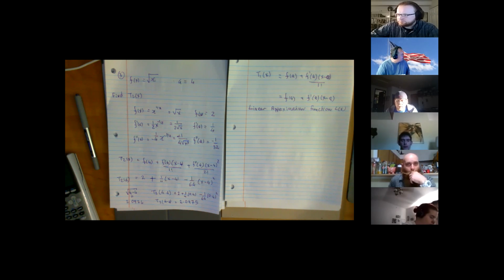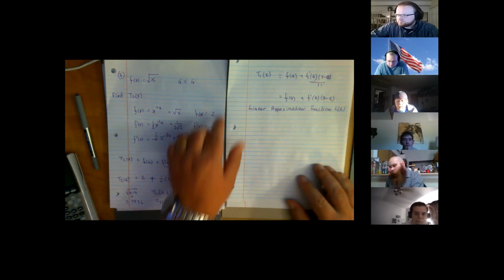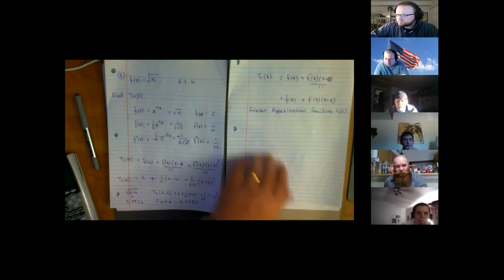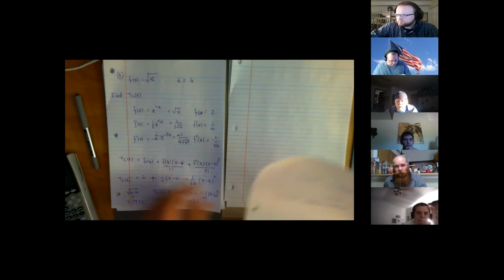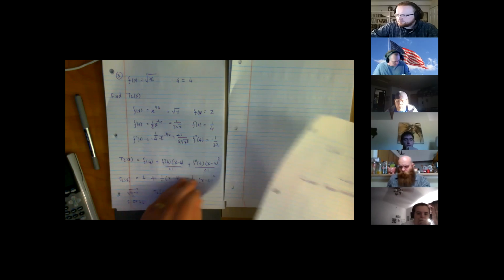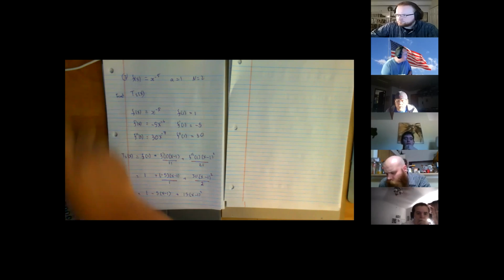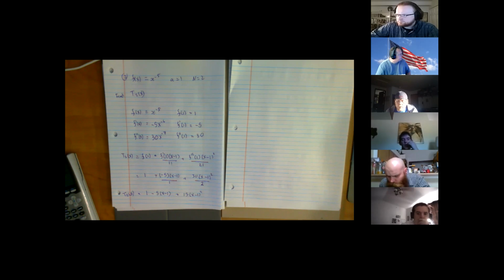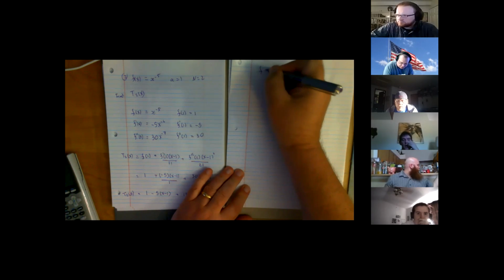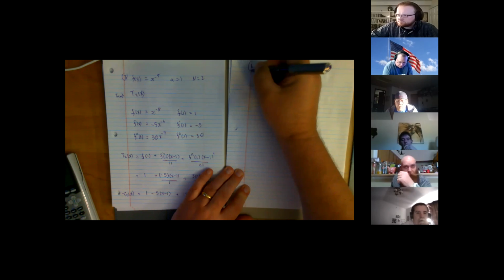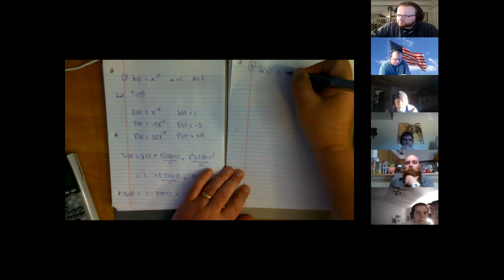Now I'm zooming down a little bit here. I'm going to pick something a little bit different. 6 is nice and different. The function that we're going to do has a log in it.